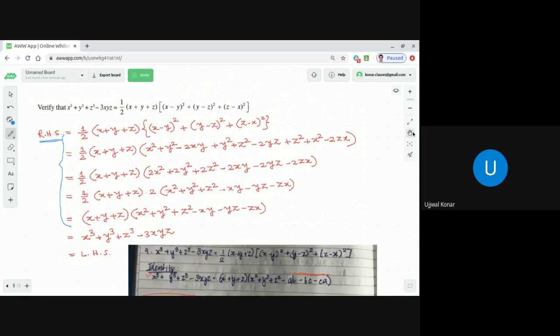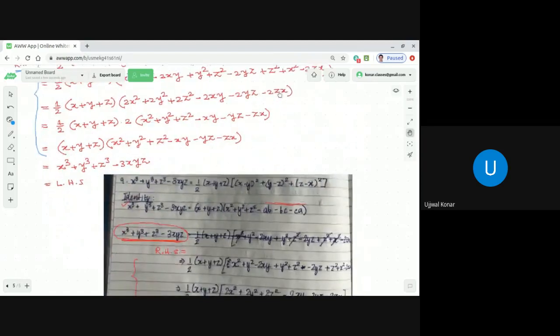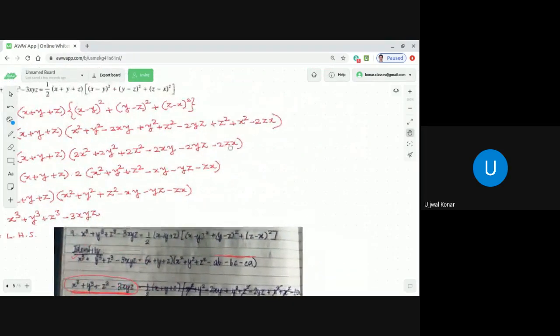In context to this point, this is a statement to everyone. Whenever you need to prove that LHS is equal to RHS, there are some techniques. There are three techniques. First technique is that you start with LHS and prove that this is equal to RHS.